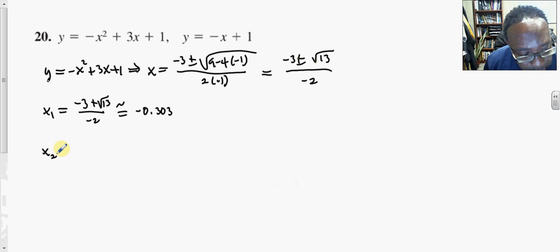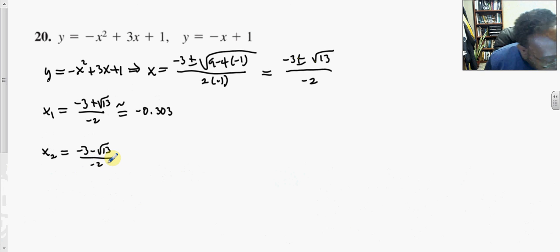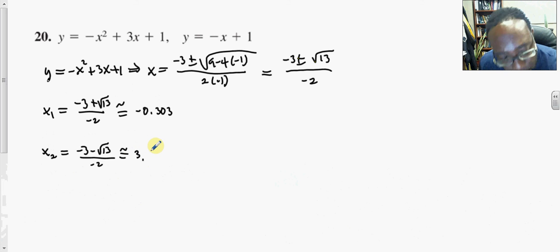And then x sub 2, negative 3 minus the square root of 13 all over negative 2, we get 3.303. So it was approximate, right?